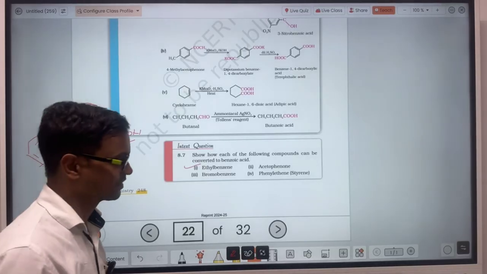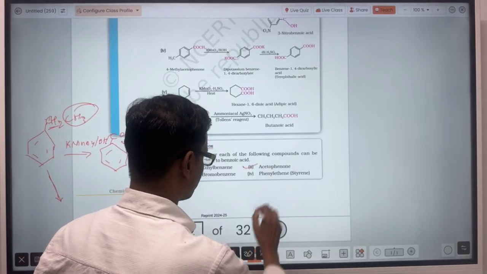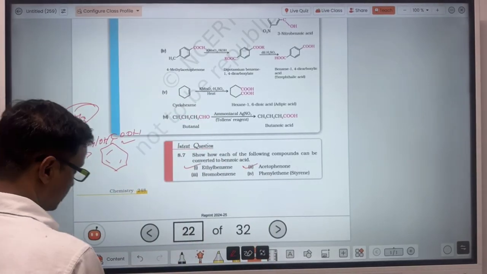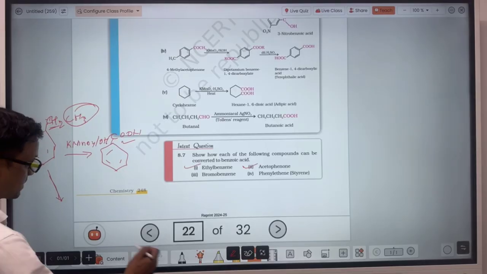Another question: acetophenone into benzoic acid, you will have to prepare. So let's see here.